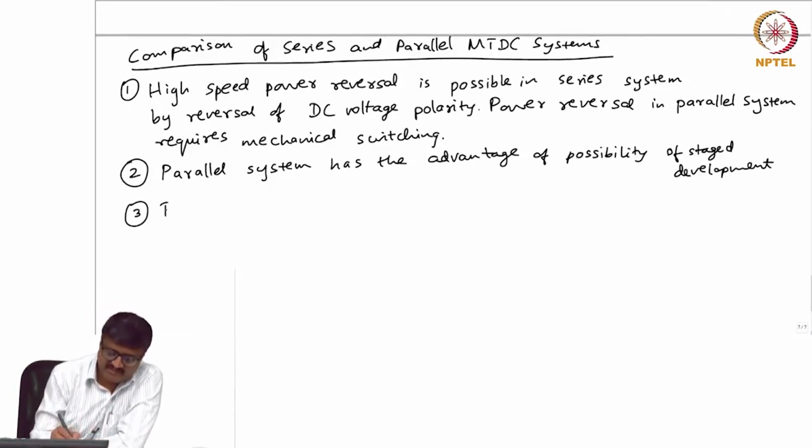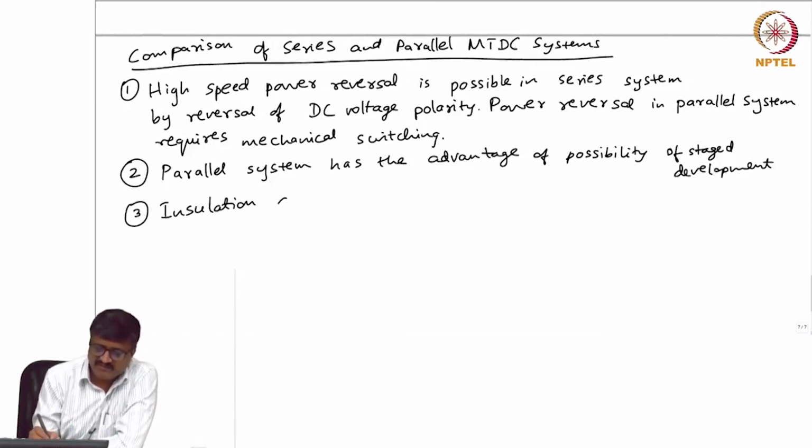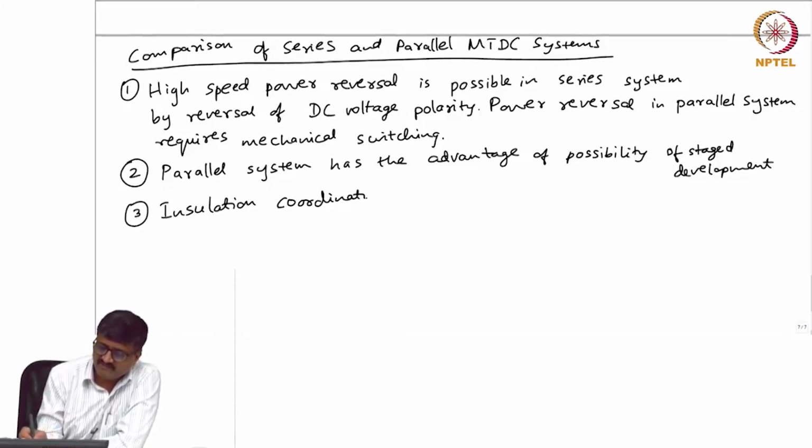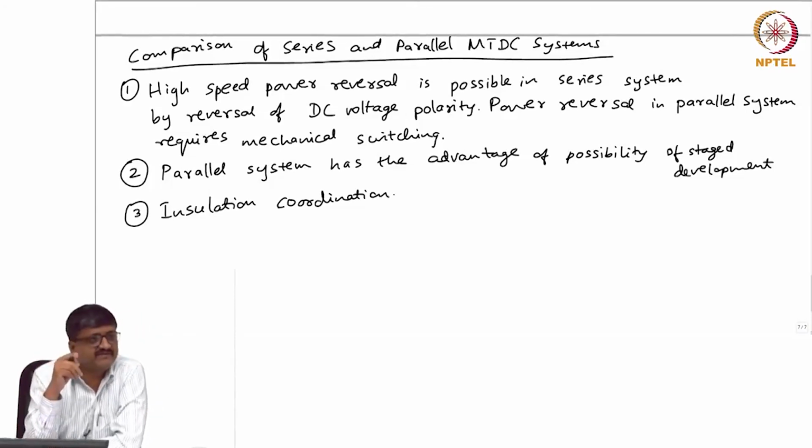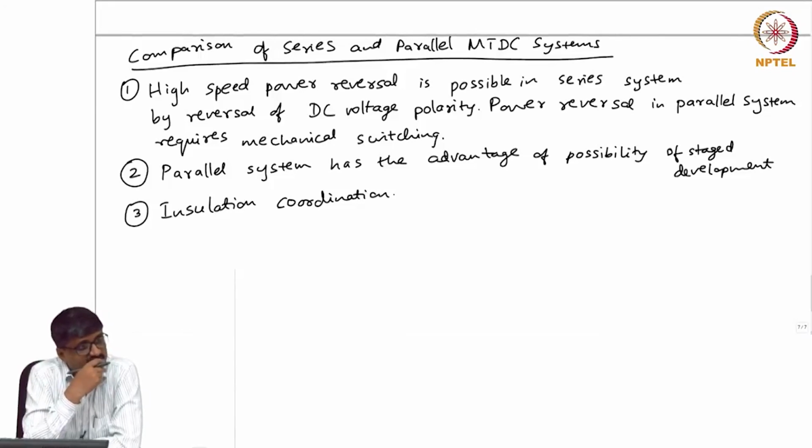So, when it comes to insulation coordination, you may have some idea of insulation coordination, and you will be very knowledgeable if you have studied a high voltage course. Now, which has better insulation coordination, series system or parallel system? Parallel system.